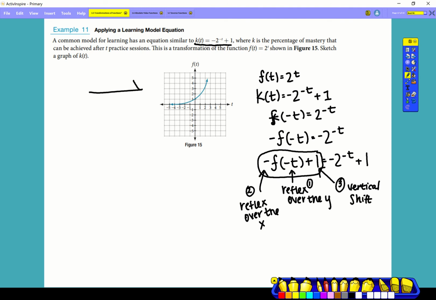And we're going to do that on the graph of this function. Well, reflect. Okay, so the first thing I'm going to do is reflect it over the y.